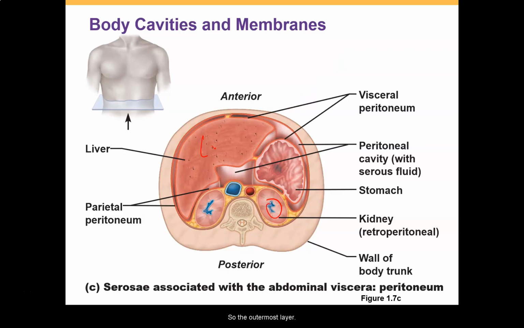So the outermost layer, in this case, is going to be the parietal peritoneum. The deepest layer, shown there, is going to be the visceral peritoneum.